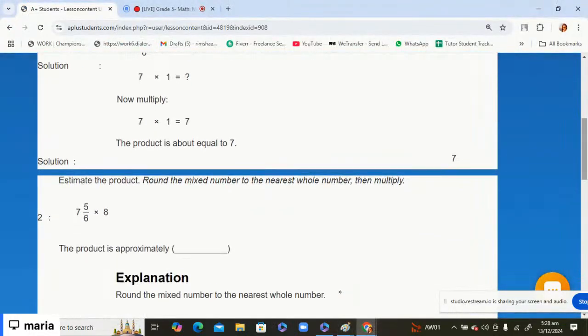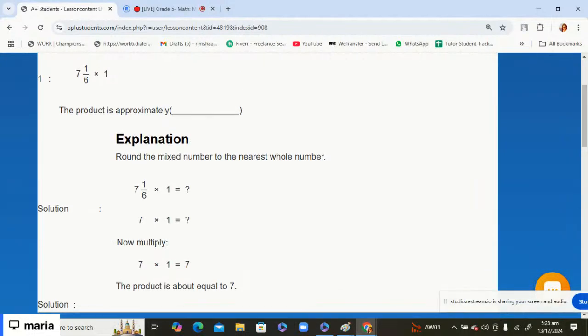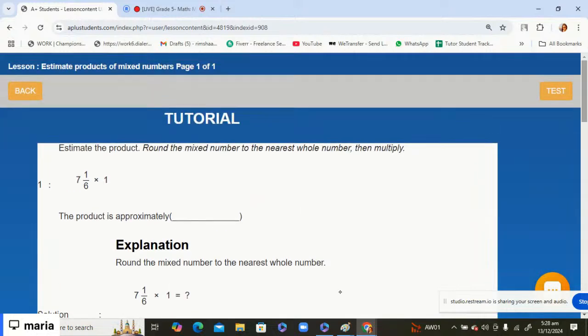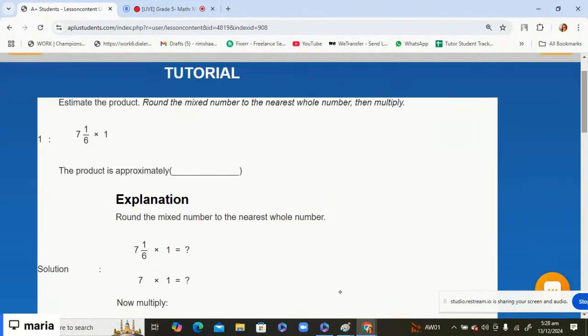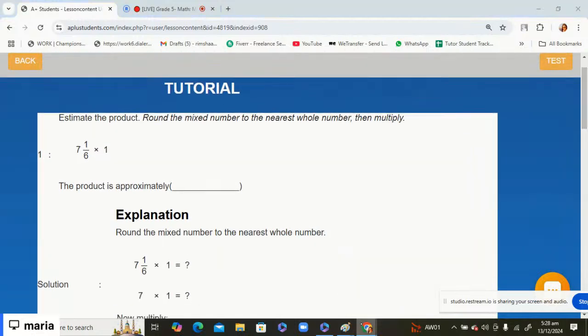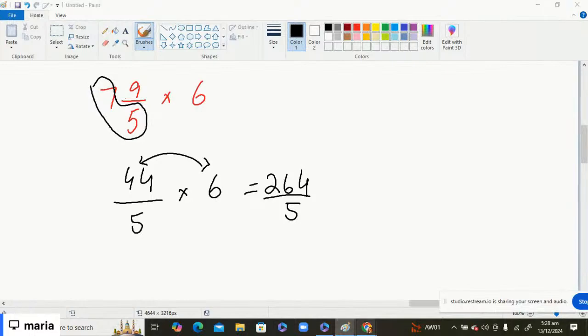But if they say to convert it, then it's all up to you. Okay? Now, this is the basic way to solve this kind of question.